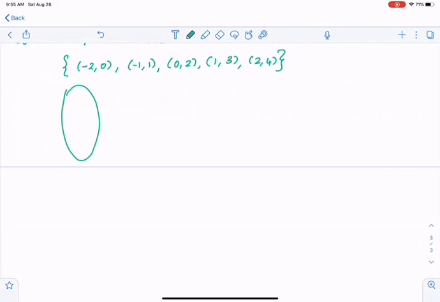You don't have to necessarily draw an ellipse to understand this, or a poorly drawn ellipse in my case. I'm going to write out all the x values: -2, -1, 0, 1, and 2.